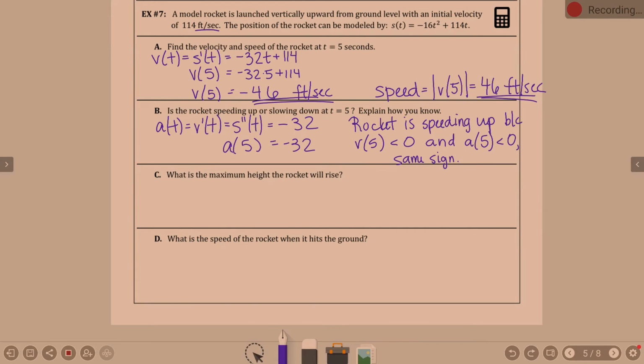Where are we going to find the maximum height? Yep. We are looking for when velocity equals 0. My velocity equation was negative 32t plus 114 equals 0.